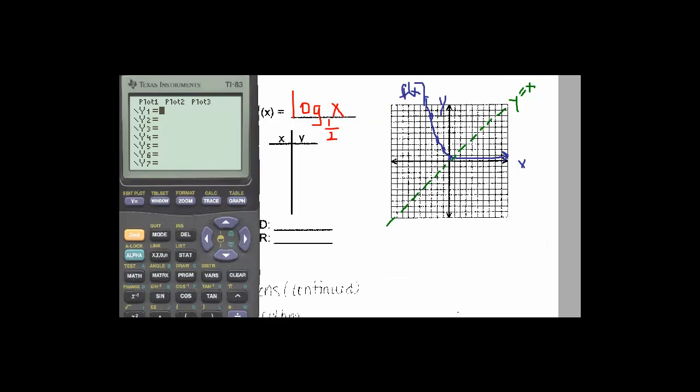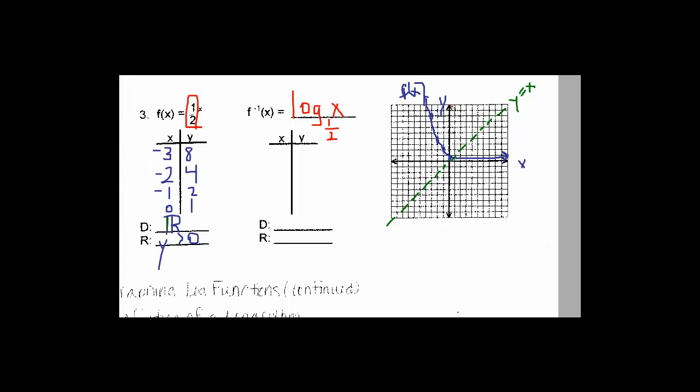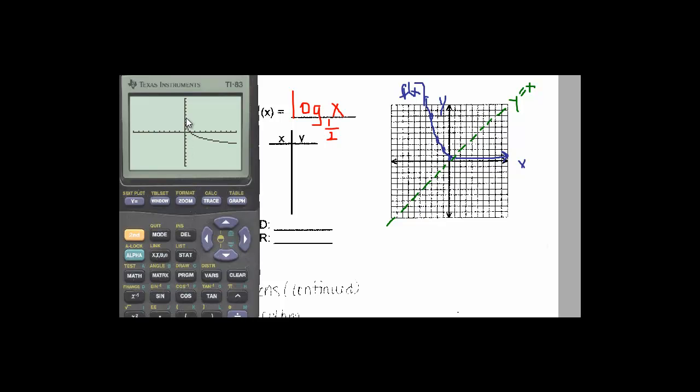Remember, we put in log, and the x, or the big number with the log, goes in first, divided by log, and the base is next. So we divide it by the base. And now if I look at my graph, this graph does not cross x equals 0. That's its boundary line.